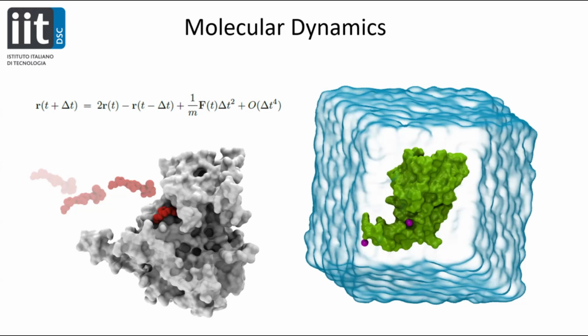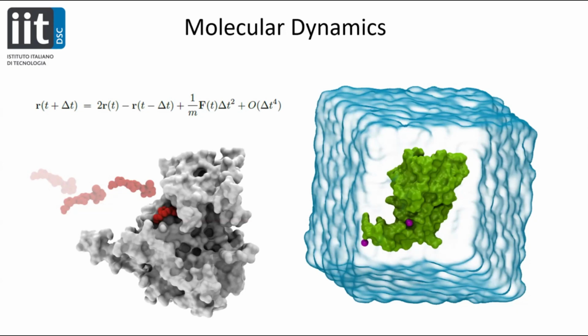And so one of the main tools you have here is the potential, and then you have the integration of the equations of motion, with a stochastic term which accounts for temperature. So this is the framework in which you are, and this is where you can try to see something interesting about your system. And obviously, you have the protein inside a box of water molecules.